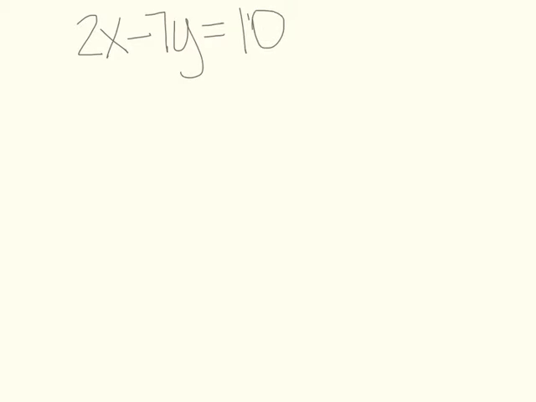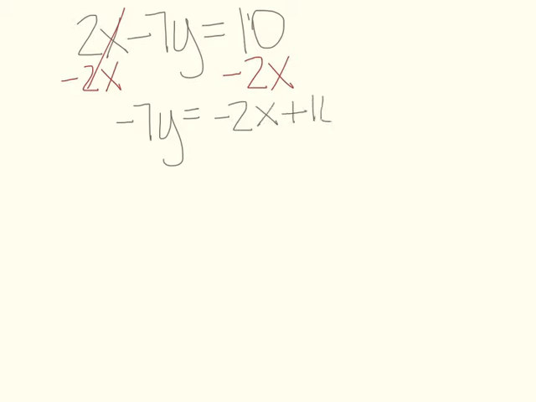We want to be in slope-intercept form this time, so we want the y by itself. So I'll start by moving whole terms first, so we'll subtract 2x from both sides. So that leaves us a negative 7y equals negative 2x plus 10. Then we'll divide by the coefficient.